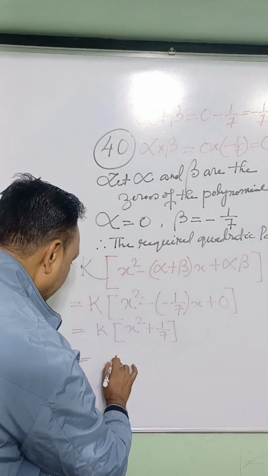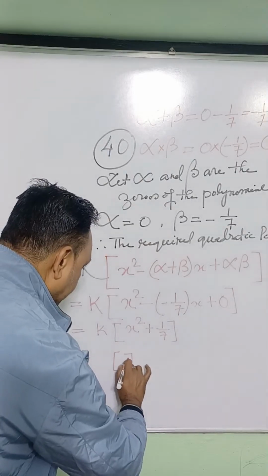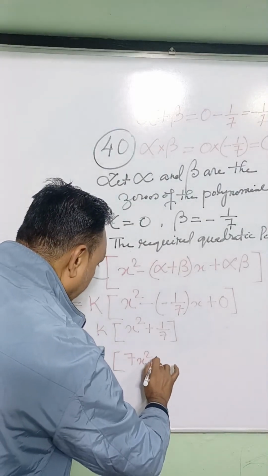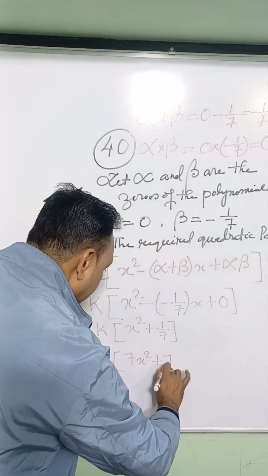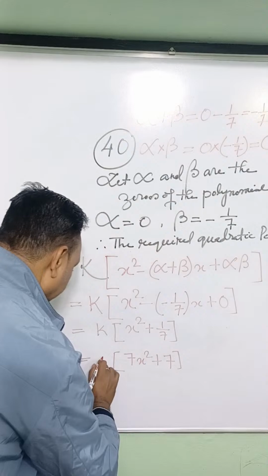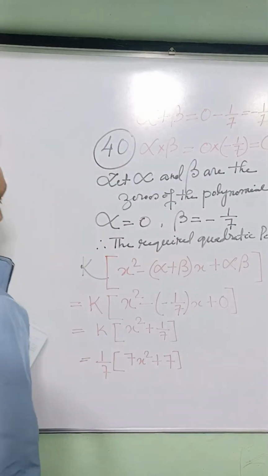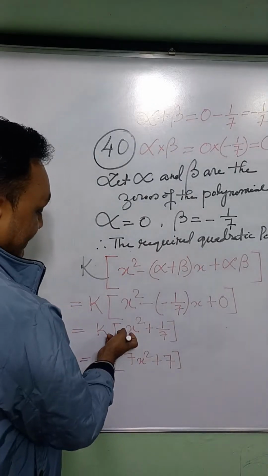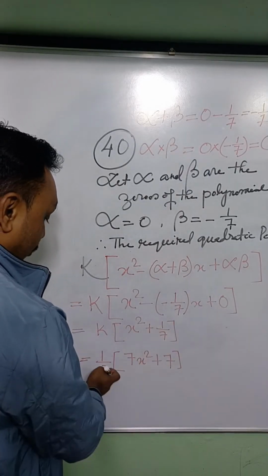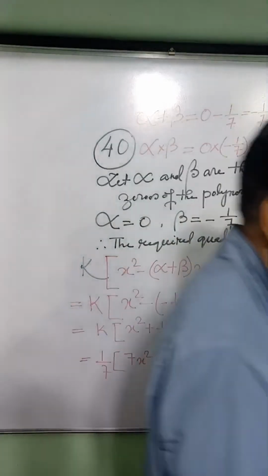If we multiply by 7, you have to divide by 7 as well, because here you are multiplying with 7. 7 into x square, the 7 cancels, so we have to divide by 7 as well.